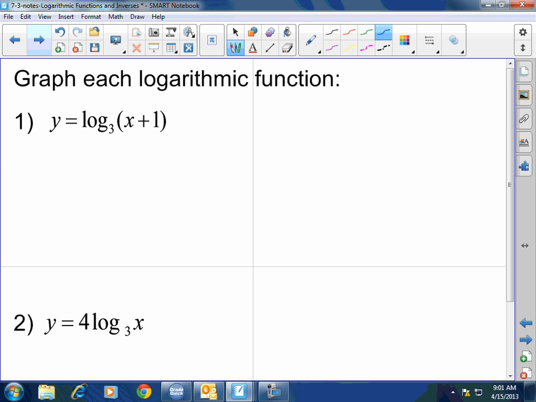So simply turn it into an exponential. The first thing you're going to do is say 3 to the y power equals x plus 1. So the first step, always, in graphing a logarithmic function is to convert it into an exponential first.